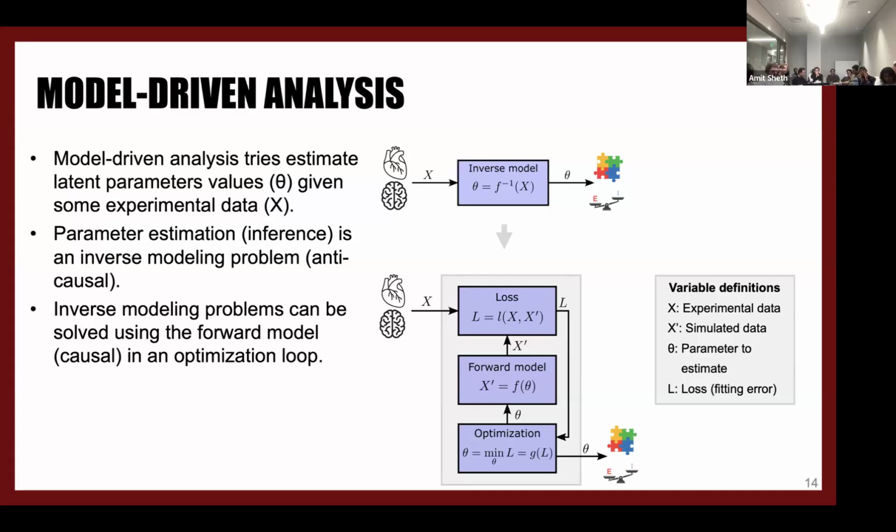Model-driven analysis tries to estimate latent parameters, your theta, given some experimental data X. So your problem is finding that inverse model that gives you theta for any value of X. You can expand that into a system where you have a forward model, from which you simulate some observations, compare them to your actual observations, compute some loss, and your goal is to minimize the loss, so you basically have an optimization problem.